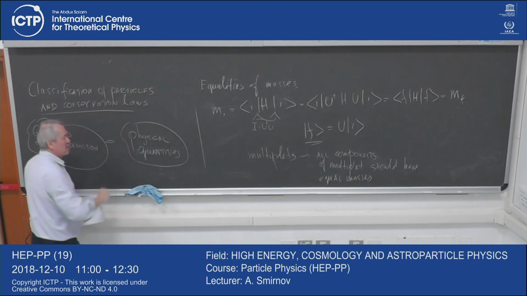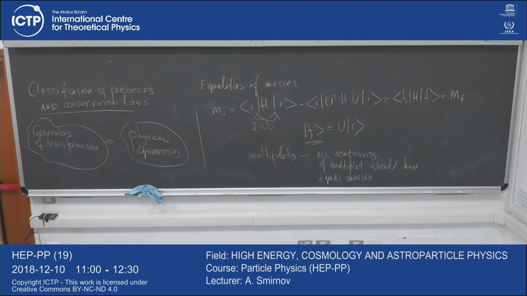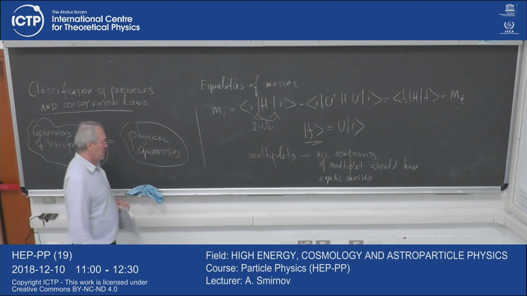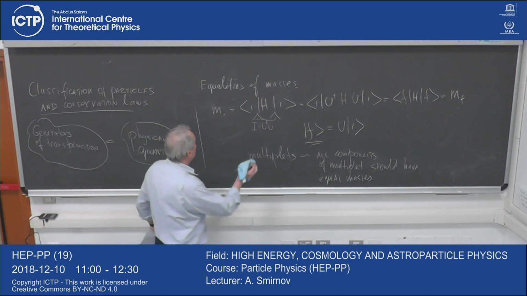So an example was, for instance, isospin. The third projection of the isospin was actually the generator of the SU(2) symmetry group, which is associated to isospin.